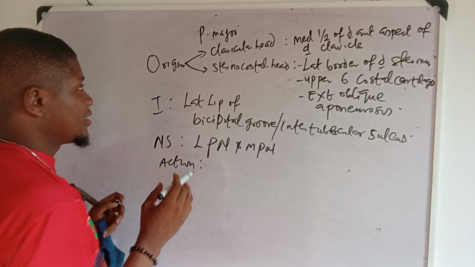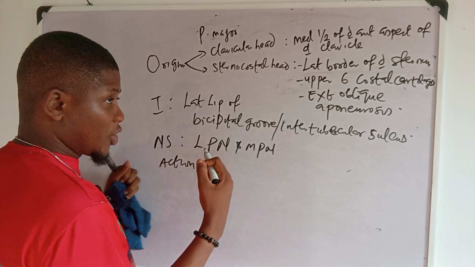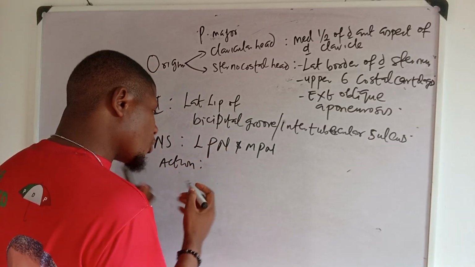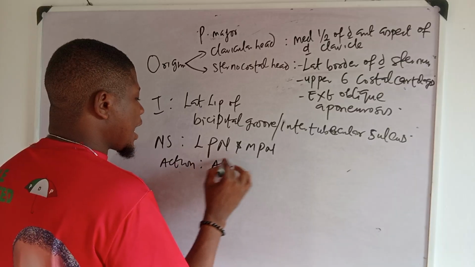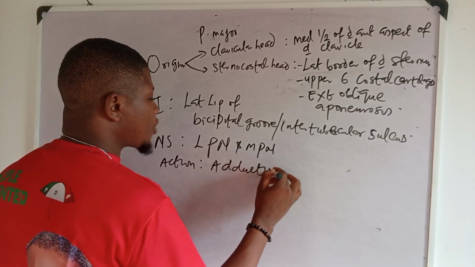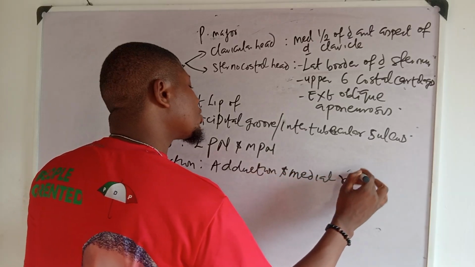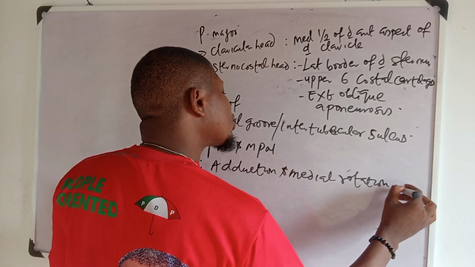In general, pectoralis major, with the collection of the two heads, uniformly abducts and medially rotates the arm. Just abduction and medial rotation of the arm.